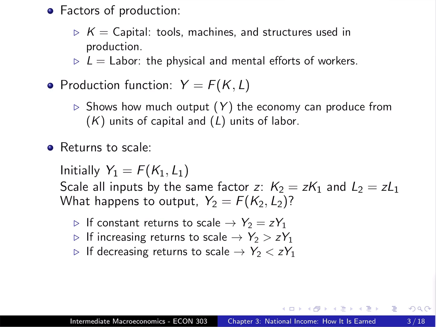There are three possible outcomes. Constant returns to scale if Y2 equals Z Y1. Increasing returns to scale if Y2 is greater than Z Y1. Decreasing returns to scale if Y2 is less than Z Y1. Understanding the type of returns to scale helps us predict how economies respond to growth in inputs over time.